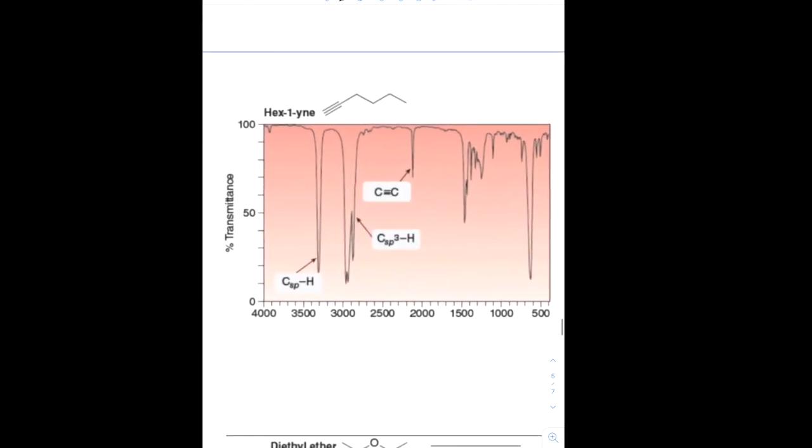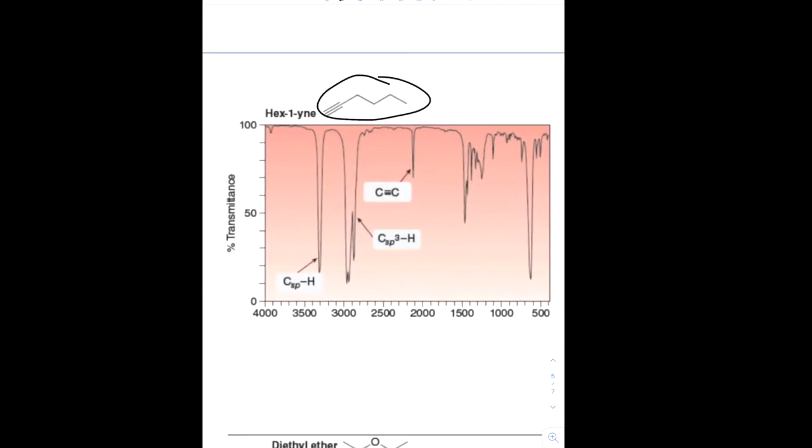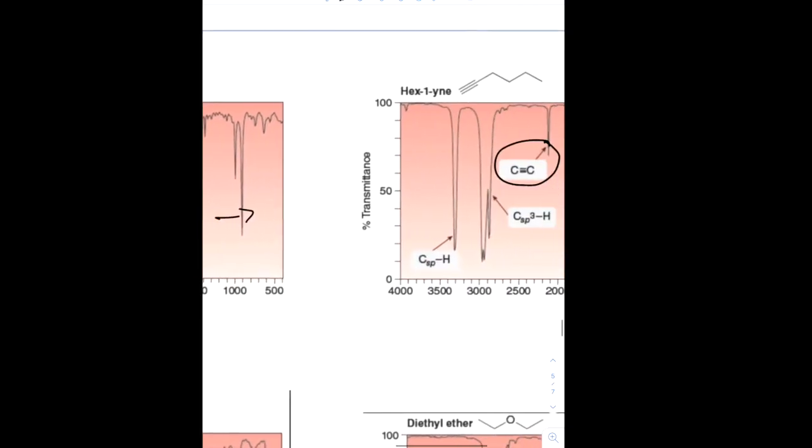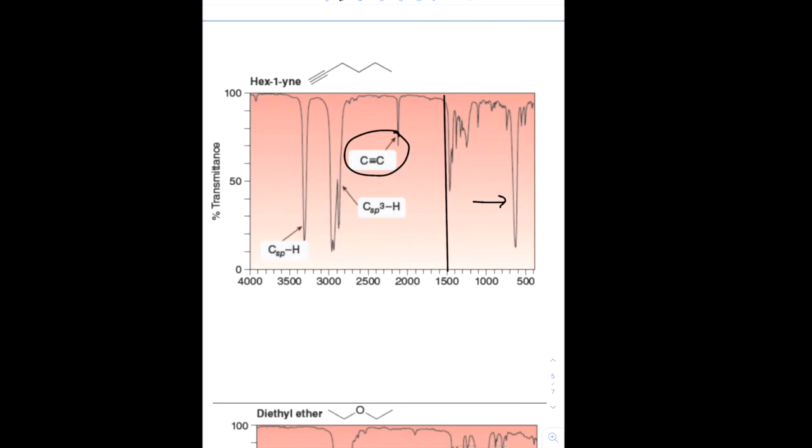And let's take a look at the alkyne. So it is hexyne, just to compare and show you how much the IR does change. Again, we are looking at this from here. We're ignoring from the 1500 over. Now this C≡C triple bond, notice it actually moved a little bit higher in wave numbers compared to the C=C double bond, as expected for an increase in the strength of that carbon-carbon bond.